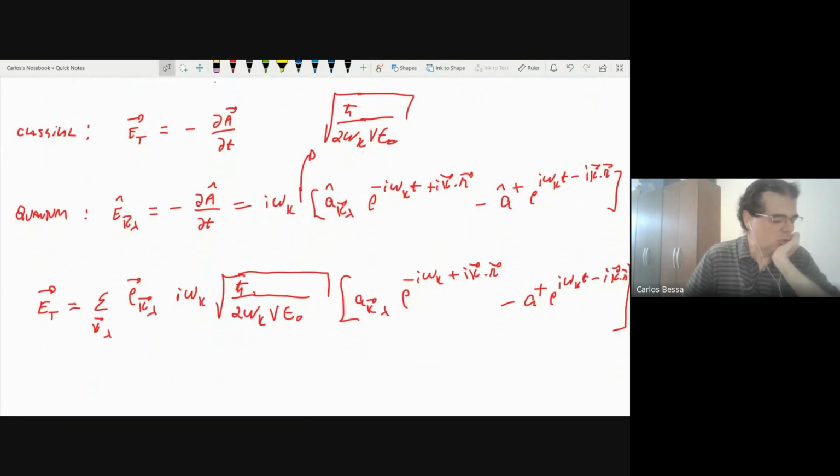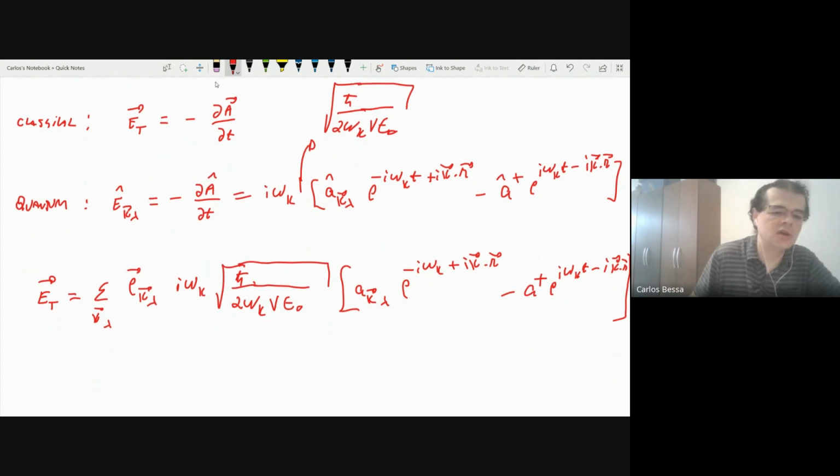And this is almost equation 7.56 in Nielsen and Chuang, apart from the fact that he considers a monochromatic mode, so only one mode. So for a monochromatic mode, we don't need this sum.